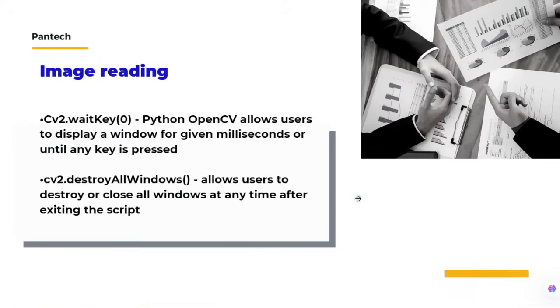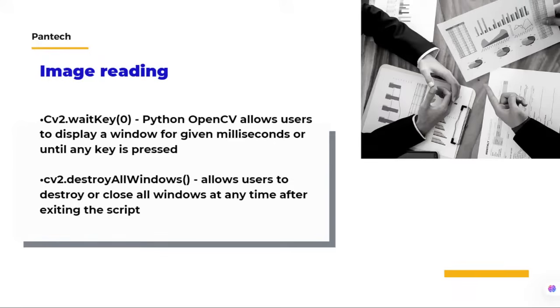waitKey allows the user to display a window for the given milliseconds or until any key is pressed. The 0 represents infinity. I think in the YOLO model project I have set this, right? The 0 is the infinity concept. Only when we close the window will the window be closed; until then it keeps running.